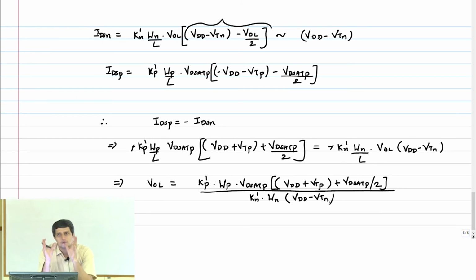And therefore, in that fight, the output will land in between 0 and VDD, and that is completely determined by what your WP by WN ratio is. That's why this is called a ratioed circuit, because it does not even function if the ratio of these PMOS and NMOS transistors is not correct.